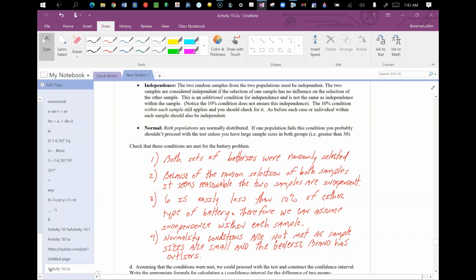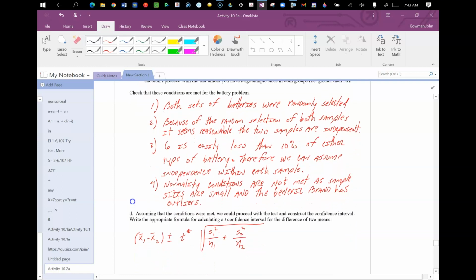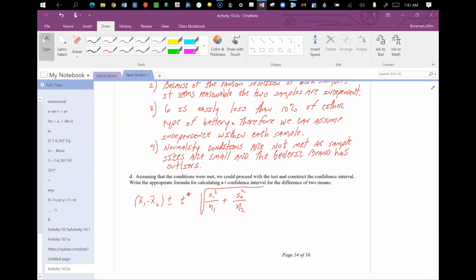If, however, the conditions had been met, we could construct a confidence interval using this formula. Basically, the left-hand part here is the statistic. This is the margin of error, and the margin of error consists of two parts, the critical value and the second part being the standard error of the statistic.